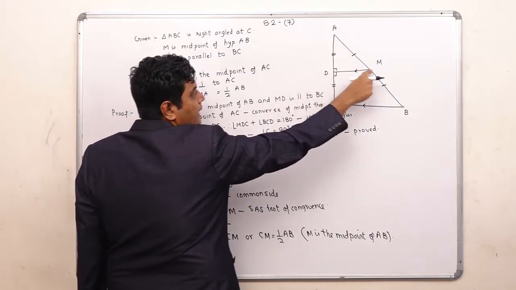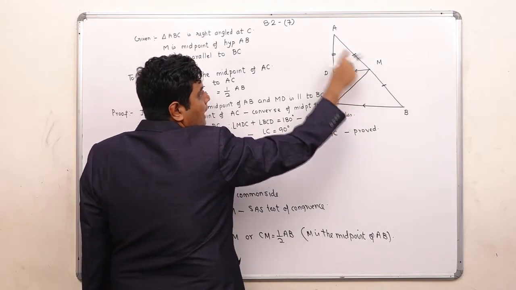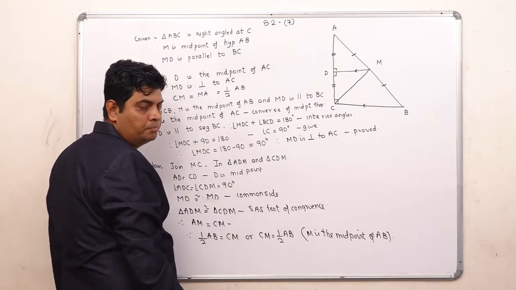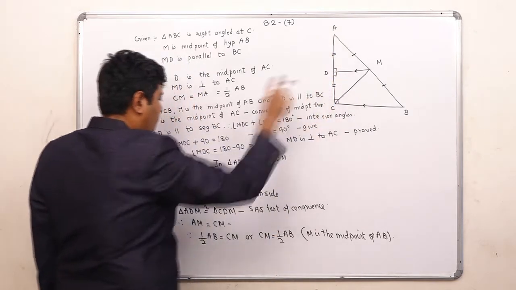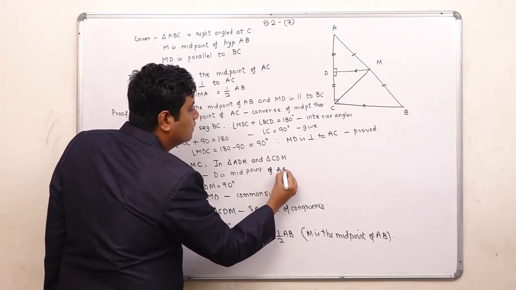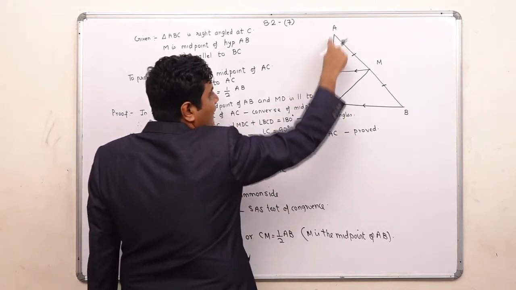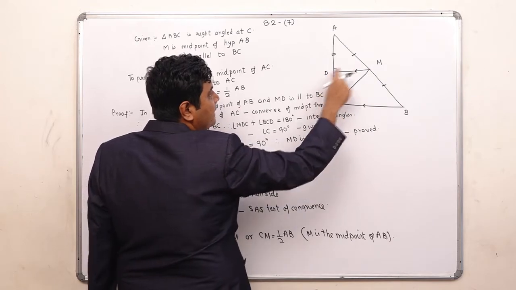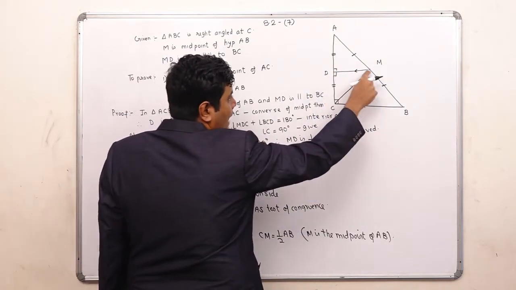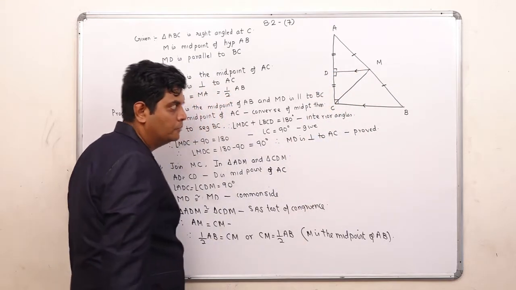Consider triangle ADM and CDM. Can I say AD is equal to CD? We have already proved. D is the midpoint of AC. Can I say angle ADM is equal to angle CDM is equal to 90 degree? And can I say MD is equal to MD, common?